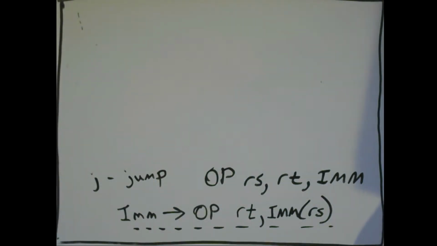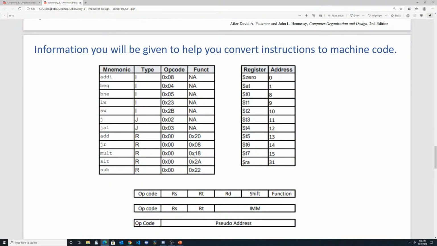So first, we're going to be working with this immediate value, and we know we have some information that will kind of help us with this problem. So right here we have the different mnemonics we have, and what opcode they're going to have, right? So we're right now looking at the immediate type of instruction, this one right here.